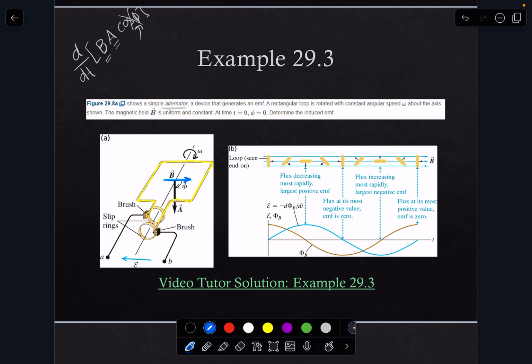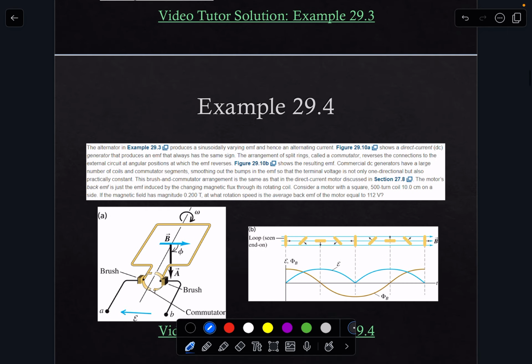What is changing with time is that this loop is allowed to spin while maintaining a closed circuit. And so your angle phi is changing with time, and this is generating a voltage. It's a time-dependent voltage, but it generates a voltage nonetheless simply by spinning a loop in a magnetic field. So it's a pretty cool application, but we're not going to study it in too much detail.